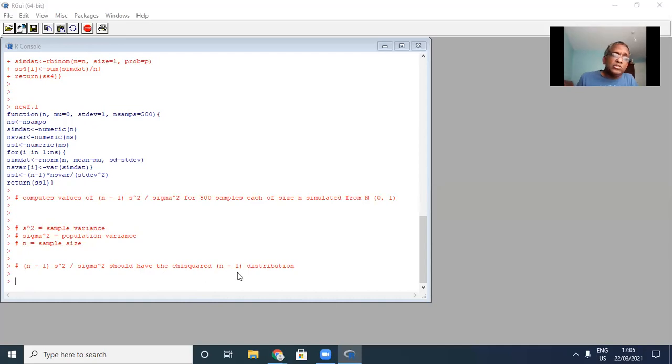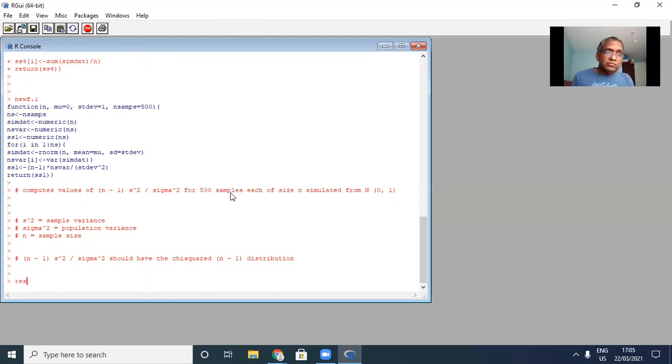Right now, what I'm going to show you is, using simulation, how to illustrate this result. To do that, I'm going to first simulate 500 numbers with n equal to 50.